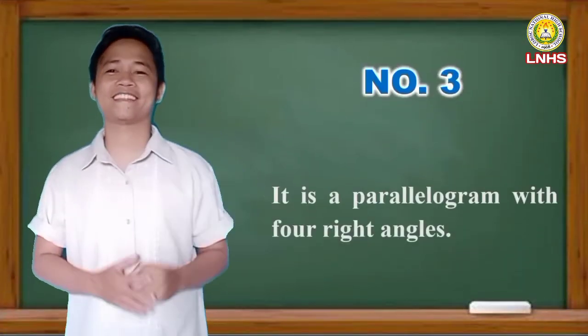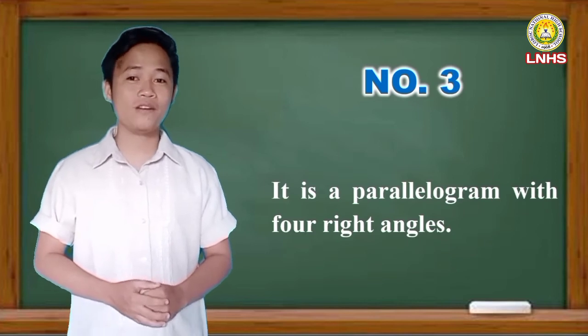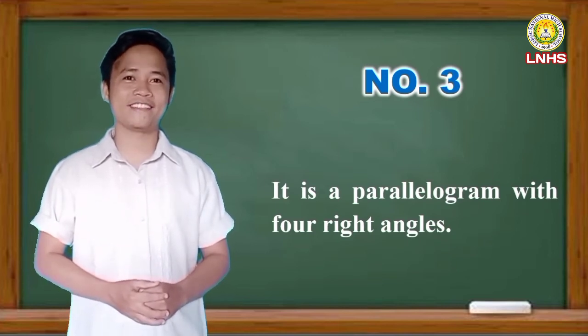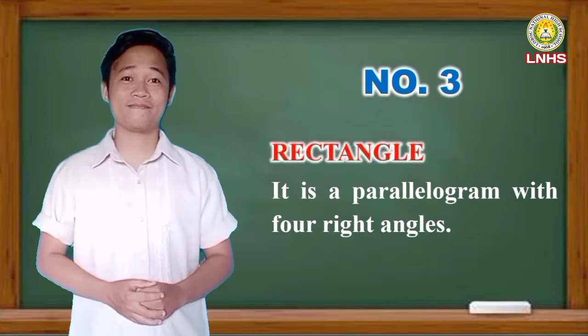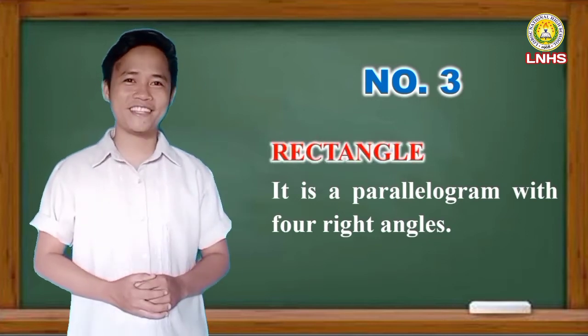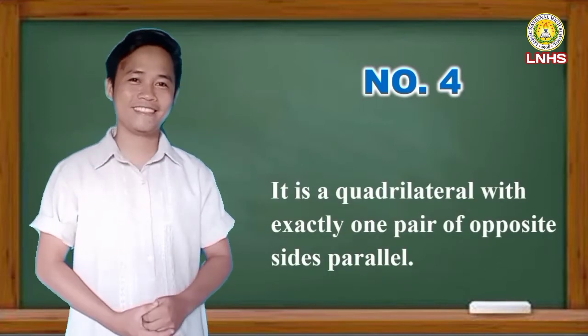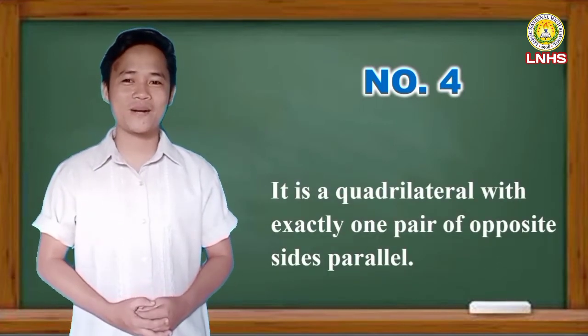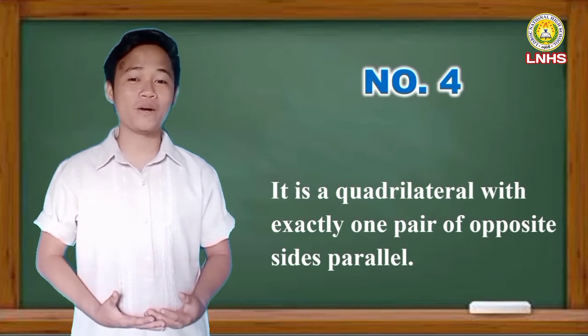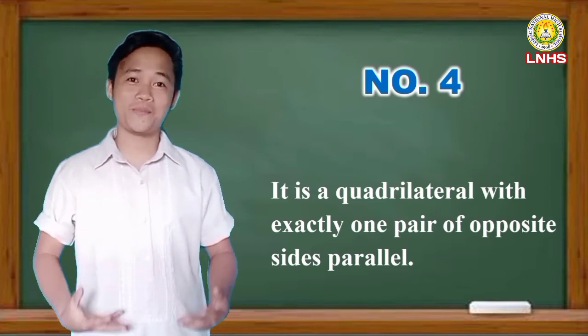Number 3. It is a parallelogram with 4 right angles. You're right. The answer is rectangle. Number 4. It is a quadrilateral with exactly one pair of opposite sides parallel.